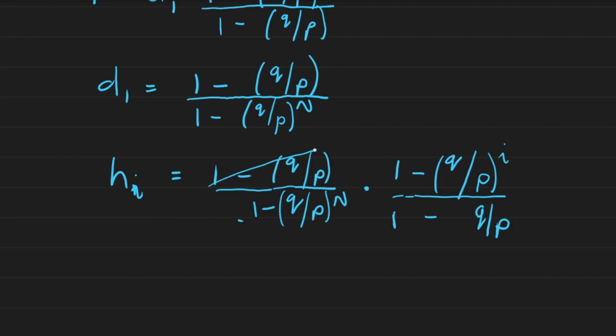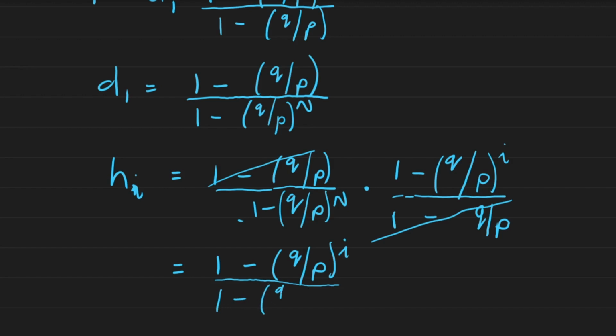So this 1 minus q over p and 1 minus q over p just cancel out. And then what I'm left with is 1 minus (q over p) to the power i divided by 1 minus (q over p) to the power n.